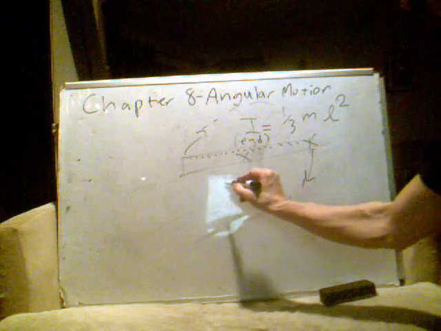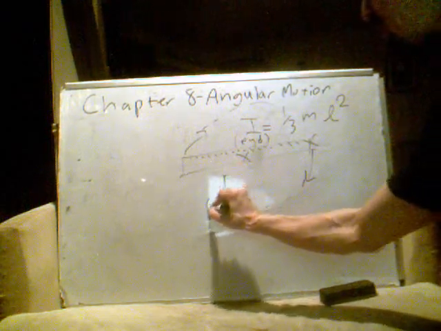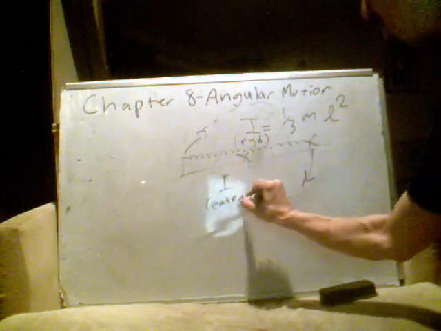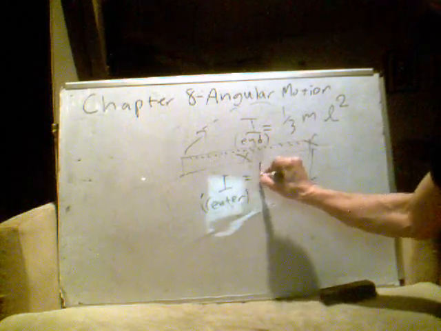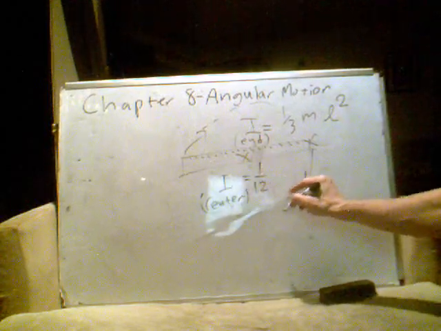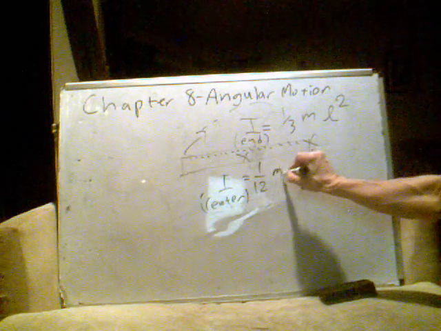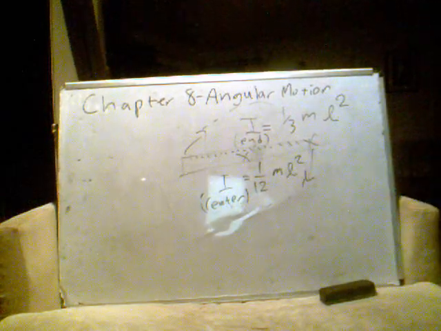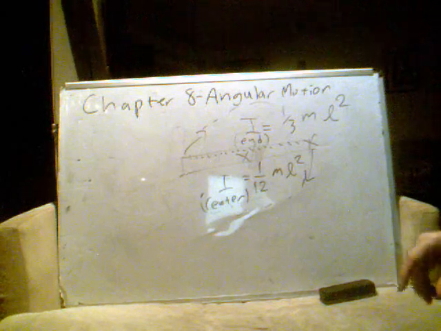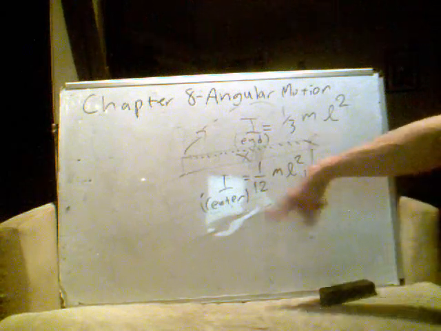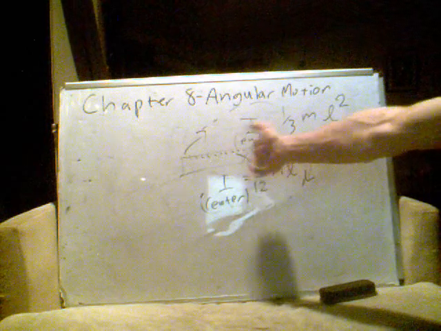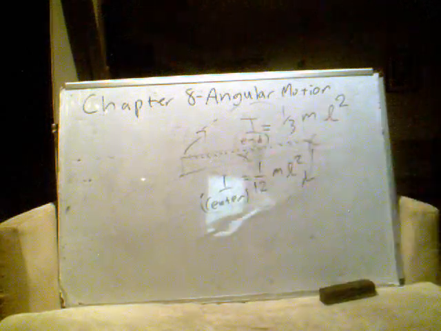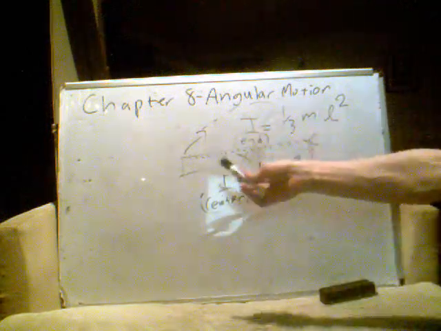And so about the center, the moment of inertia is much less, 1/12 times the mass times the square of the length. Long story short, it is 4 times more difficult to rotate a meter stick about its end than it is to rotate it about the middle, because the mass is distributed differently relative to the axis of rotation.